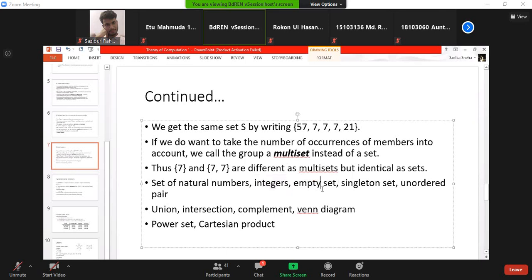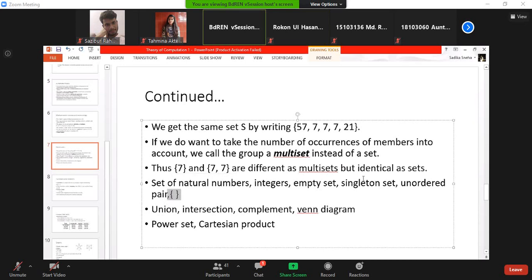And what does an empty set look like? Empty set means there will be nothing. It is also known as a null set. It will be like this, or there is a symbol like phi maybe. Only a bracket is an empty set. There is a symbol like phi, which we can also take as an empty set.